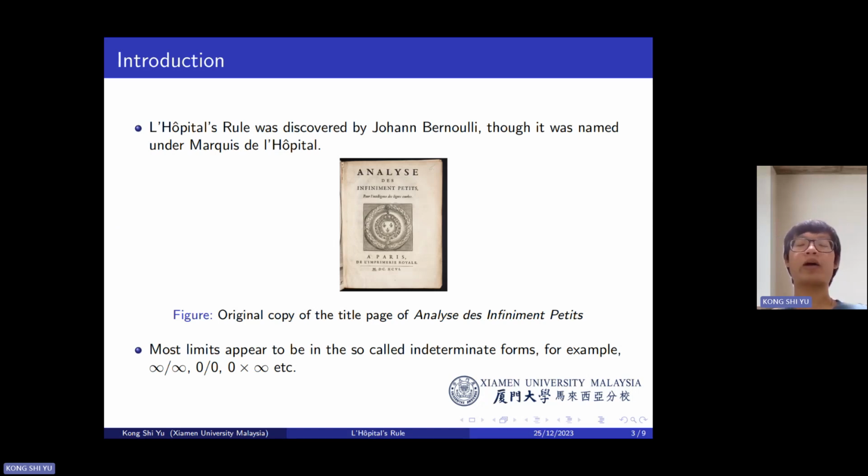So actually, L'Hopital's rule was discovered by a quite famous Swiss mathematician, Johann Bernoulli, though it was named after L'Hopital. Historically, they believe that Bernoulli and L'Hopital made some economic agreement, and L'Hopital bought some rights to Bernoulli's mathematical discoveries and published them in his textbook, as shown in the following picture.